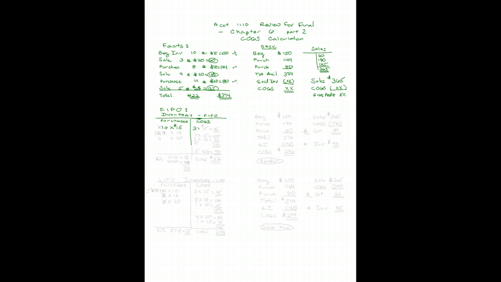So 3 of those units are going away at a cost of $15 each. So cost of goods sold for that sale is going to be $45. So if you had 10 and you sold 3, you now have 7 left at $15 each. We don't have 10, we have 7.